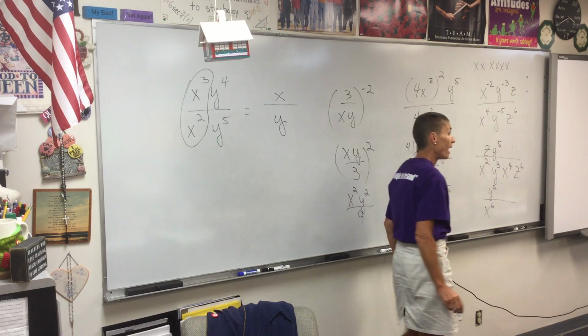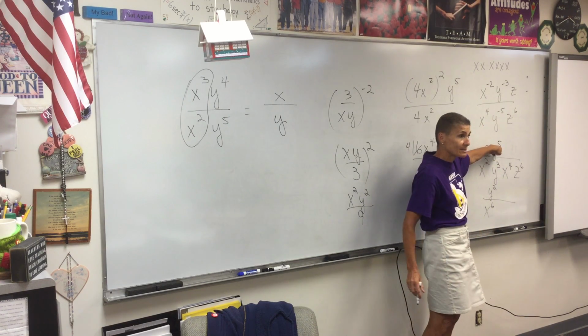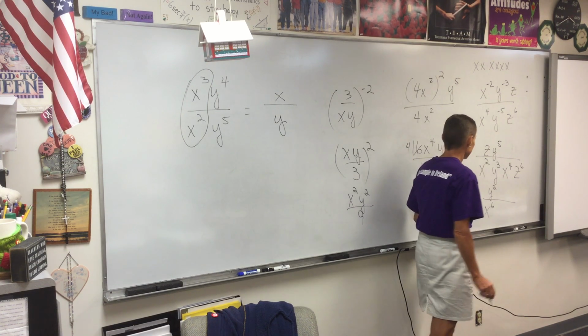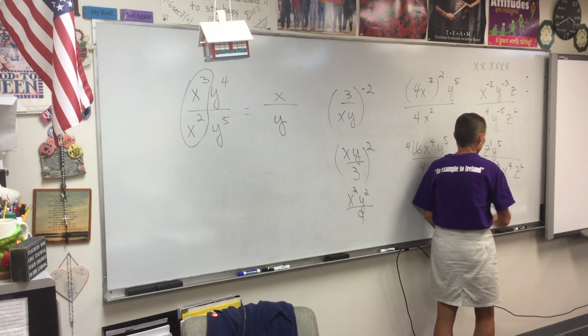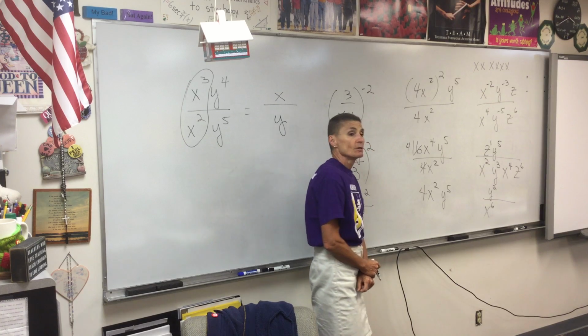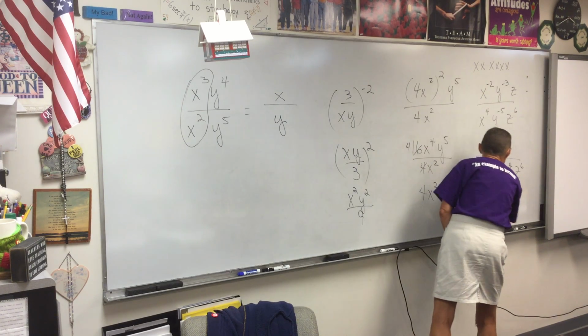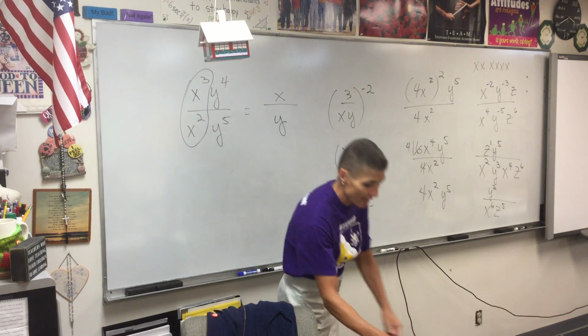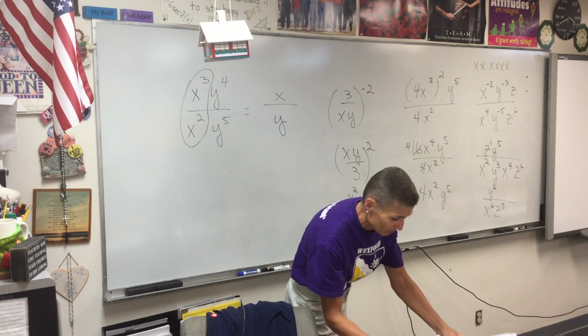It's on the top because you have more y's on the top than you have on the bottom. Now your z's. We have 1 on the top and 6 on the bottom. Z to the fifth on the bottom. So we're going to have a z to the fifth on the bottom. So it looked really bad, but it wasn't that bad of a problem.